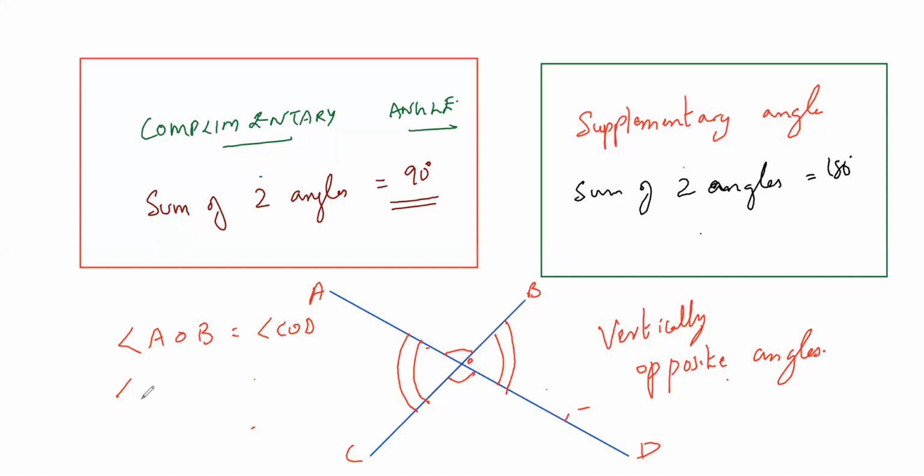And one more thing, angle AOC is equal to angle BOD. AOB is equal to COD, the first vertically opposite angle pair. AOC is equal to angle BOD, the second vertically opposite angle pair.